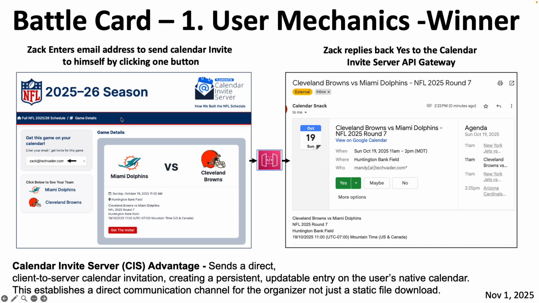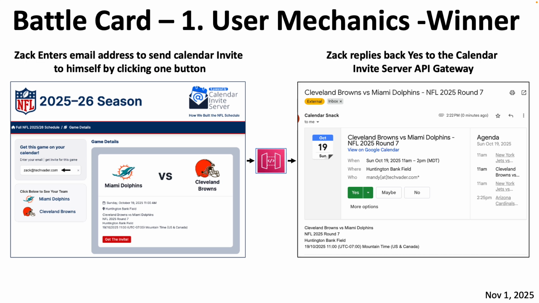So what happens simply is in a web like way, in this demo screenshot, Zach comes by, puts in his email address, clicks one button, gets a calendar invite, and we start to track that data. So we believe the user mechanics are much better using an embedded calendar invite code that we have developed.